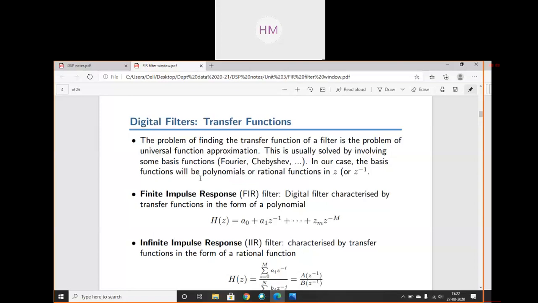In our case, the basis functions will be polynomials or rational functions in Z. So we are writing all these transfer functions in terms of Z. An IIR filter characterized by a transfer function in the form of a polynomial is this equation. H of Z is the transfer function, which is the ratio of Y(Z) upon X(Z). We all know the transfer function.